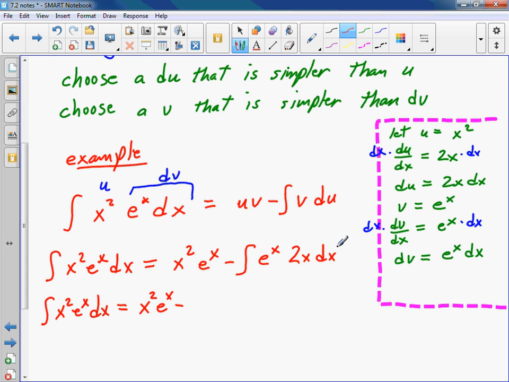The x is still a variable, so we've got to maintain that. So we can say minus 2 times the antiderivative of e to the x dx. Okay, notice that this is still a product here.